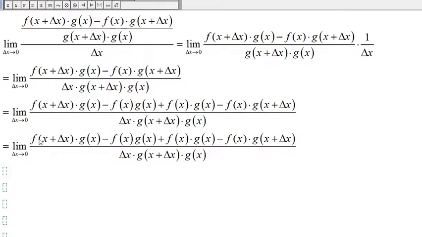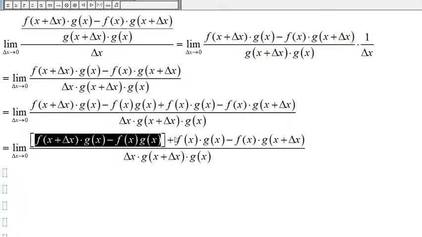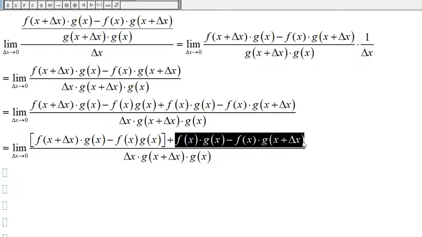And now what we're going to do is we're going to group these together, and then group these together.